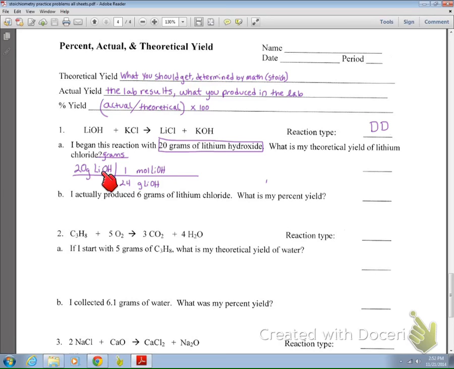Then I ask myself, am I done with my math? If I cross that out, I'm in moles of lithium hydroxide, so I am not done because my question asks me for grams of lithium chloride. So I'm going to continue my T-chart, and I know that moles of lithium hydroxide need to go on the bottom, and then I ask myself, can I go from moles of lithium hydroxide to grams of lithium chloride?